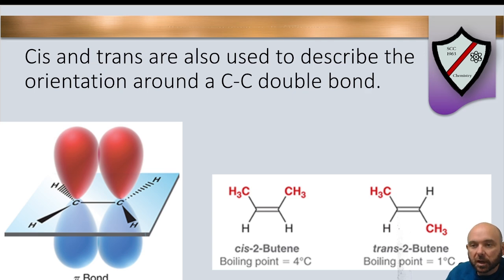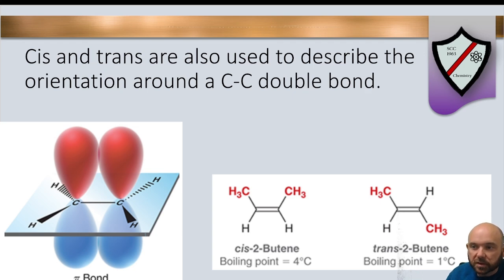When you have a double bond in a molecule, that bond is not free to rotate like single bonds are because of the overlap of those pi bonds forming the bond. If you try to rotate it, the overlap between those pi bonds would break, which would essentially be breaking the bond. So pi bonds are locked in place, and we will have to describe how the substituents on that pi bond are oriented to one another.